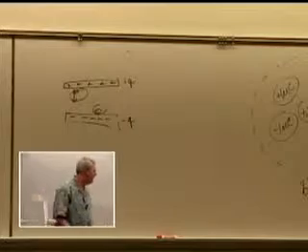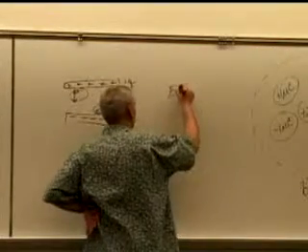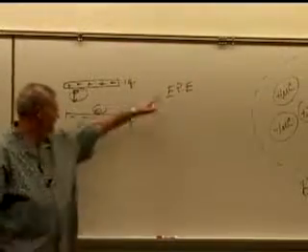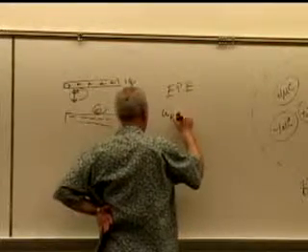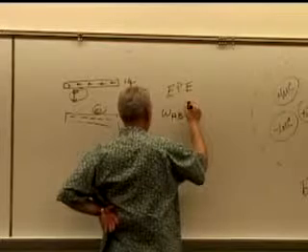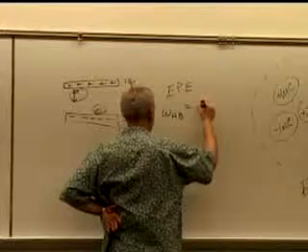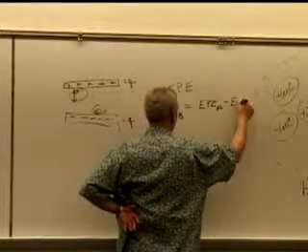So in other words, what we're doing here with electric potential energy, this is called the electric potential energy. The work done by electric potential energy is equal to the electric potential energy of A minus the electric potential energy of B.